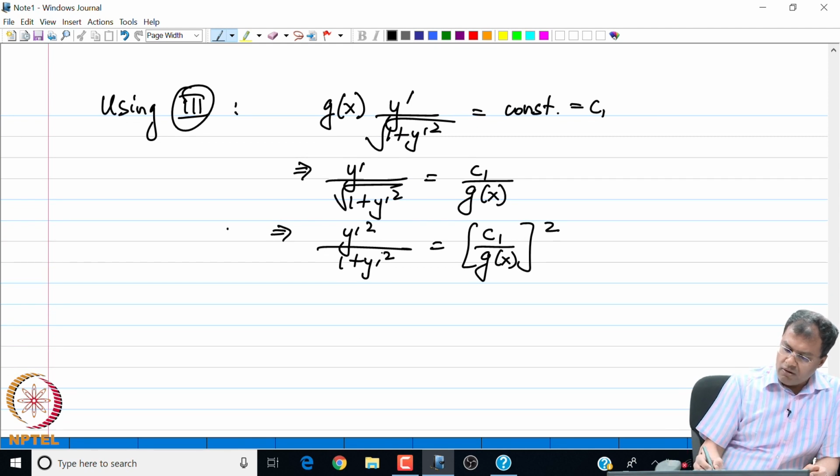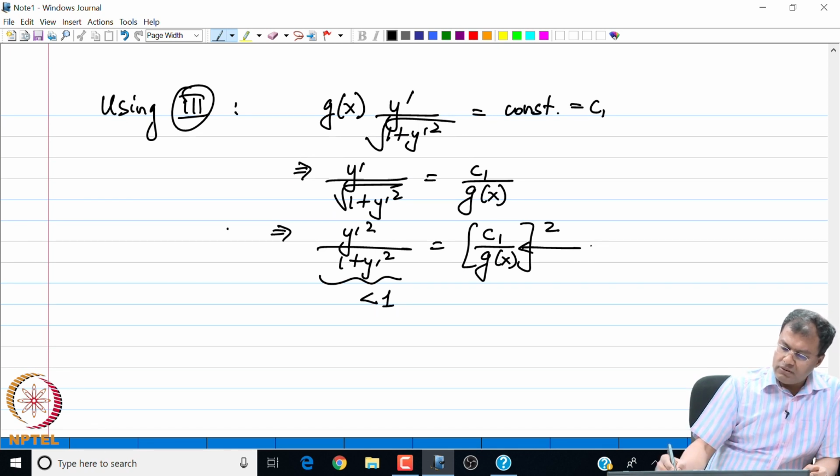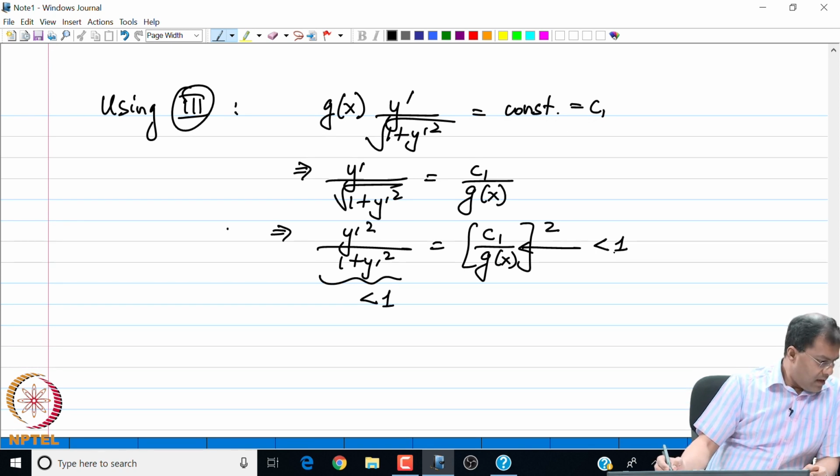Notice now that the quantity on the left hand side is less than or equal to 1. So, the quantity on the right hand side is not less than or equal to, but strictly less than 1, and this helps when we write y prime purely as a function of x.